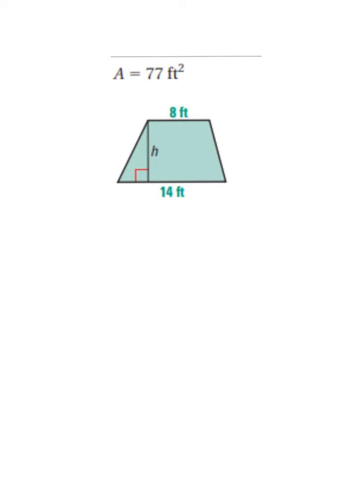All right, we have another trapezoid here, and it says the area is 77. We have a base of 8, a base of 14, and we are solving for the height. So again, the formula is base 1 plus base 2 divided by 2 times the height. All right, the area is 77.